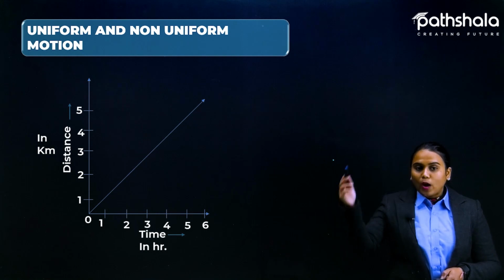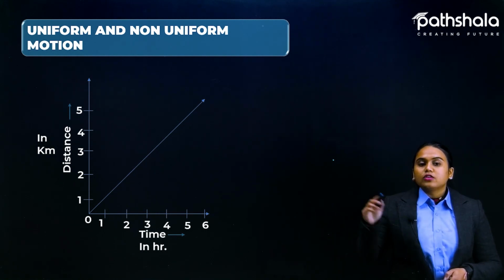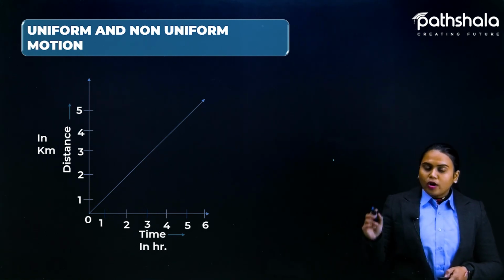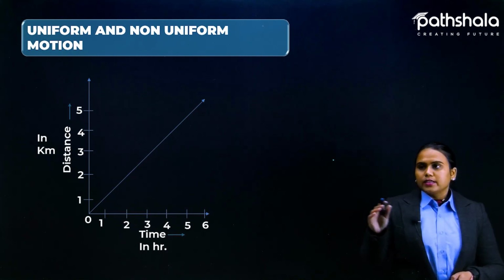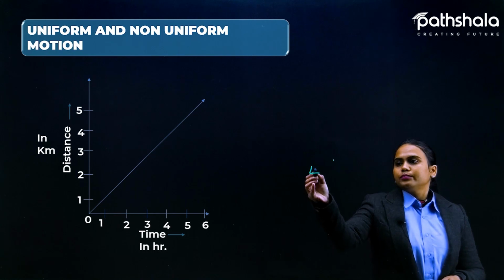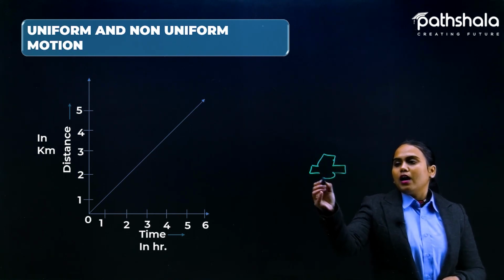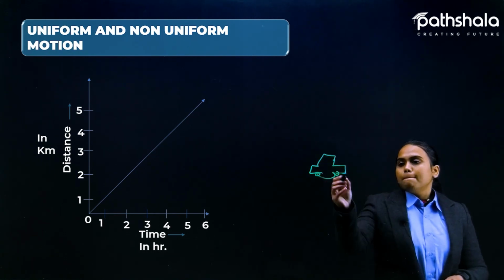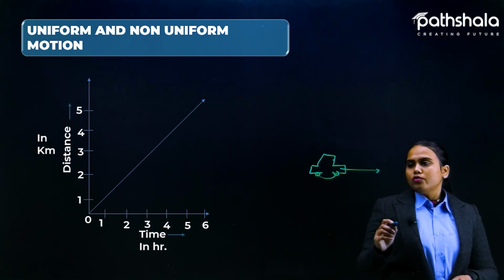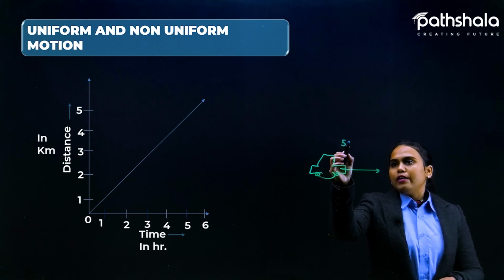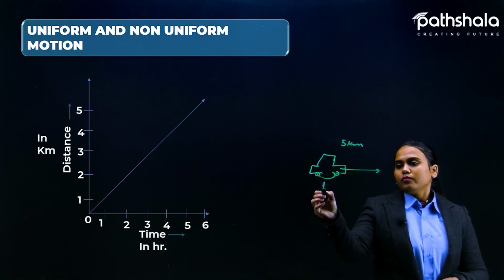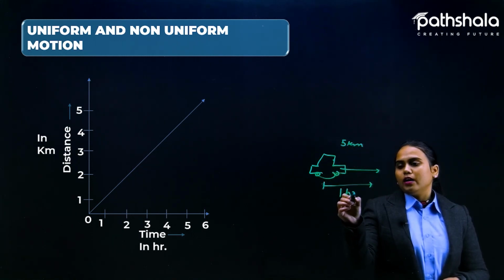Distance is on the y-axis and time is on the x-axis. A body is moving with certain speed. Let's suppose there is a car moving on a road, and earlier it traveled 5 kilometers and it took 1 hour.